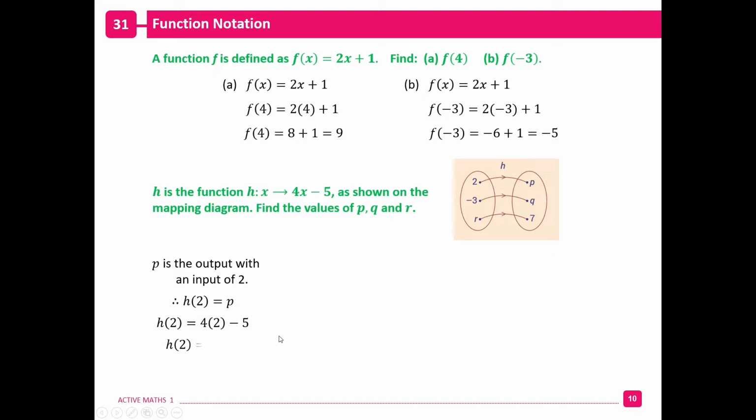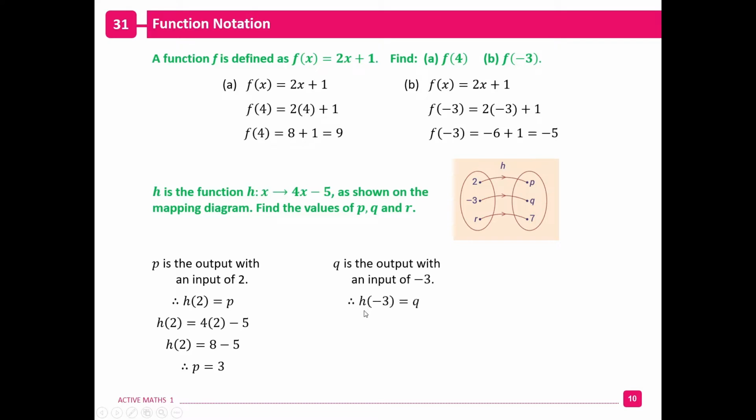And 4 times 2 is 8, and 8 take away 5 gives 3. So therefore, p on this mapping diagram represents the number 3. p equals 3.